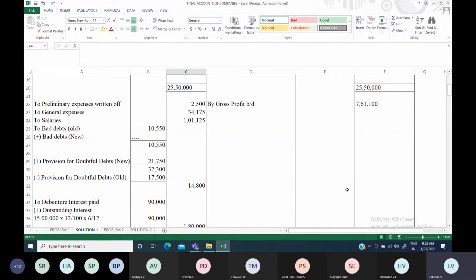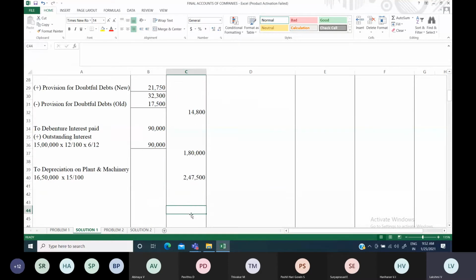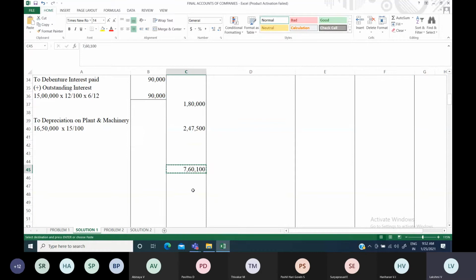I will put it on both sides of your profit and loss account. Still we have provision for tax, so give some space for provision for income tax and net profit. For both you just leave some space, and here also enter the amount.